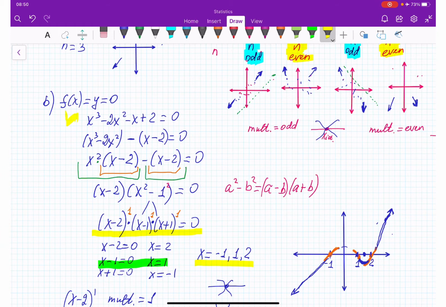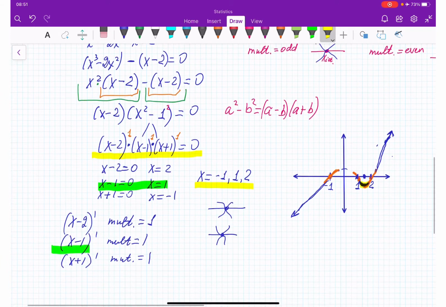Let's say 1.5 cubed minus 2 times 1.5 squared minus 1.5 plus 2, and see what I get. I'm sure I should get a negative number. But to save time, I already know it's going to go like this.